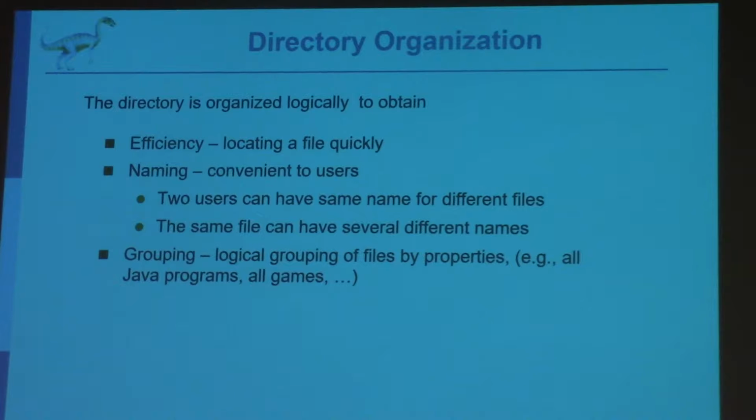Okay, so before we start discussing the directory structure, the data structure, the main purpose of the directory is to manage the number of files. So first we define what the problem is when we have many files.